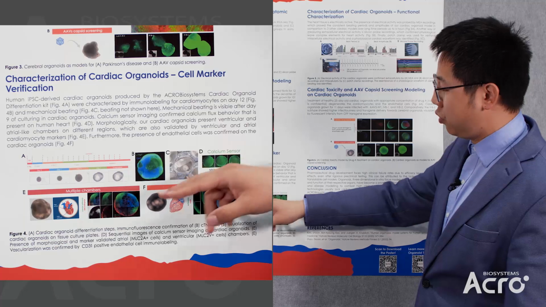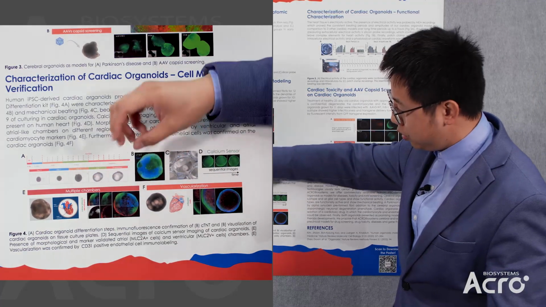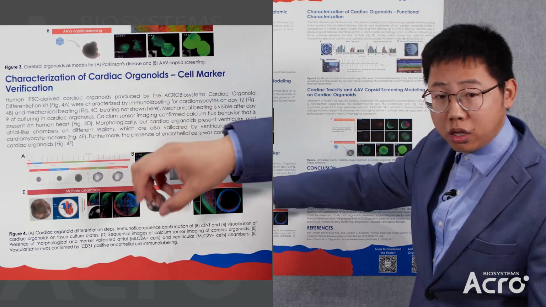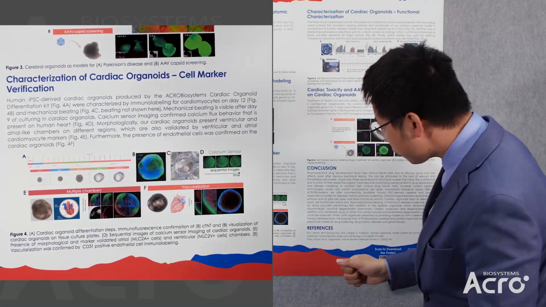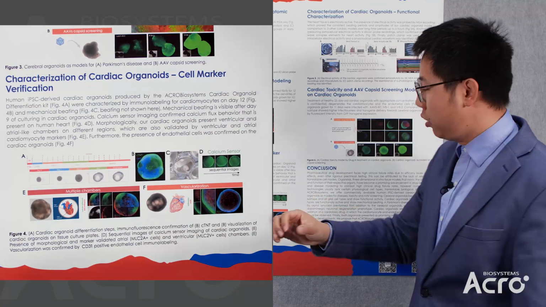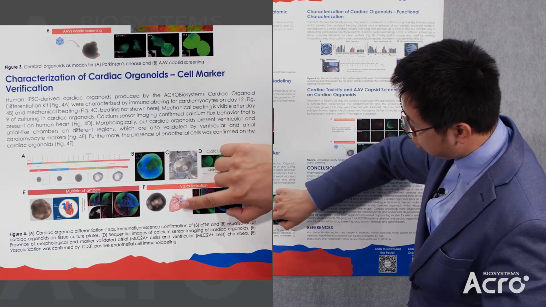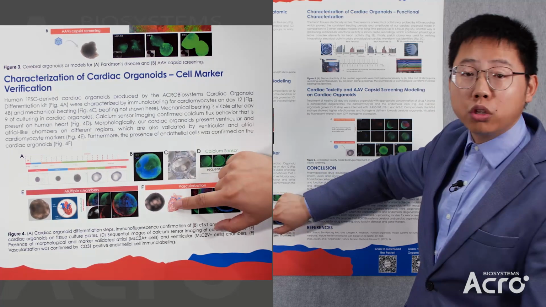And so from the beating video and the histology images, this clearly shows it mimics the human heart. And we know the heart is not just the chambers, but also includes a lot of vasculature around the heart, like the coronary artery.